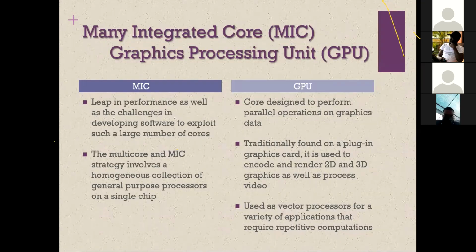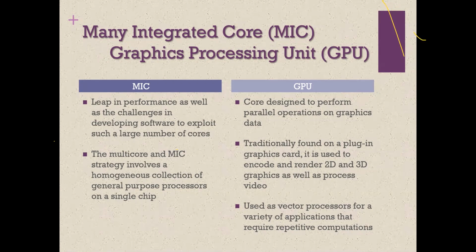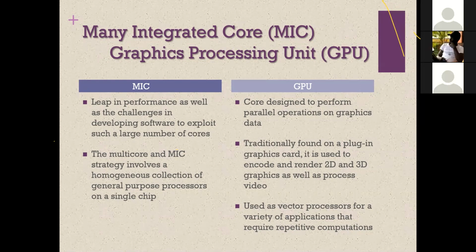But now, since the GPU performs parallel operations on multiple sets of data, they are increasingly being used as vector processors for a variety of applications that require repeated computations, and then also that of video and so on. So in a nutshell, a broad range of applications are supported now by a processor.